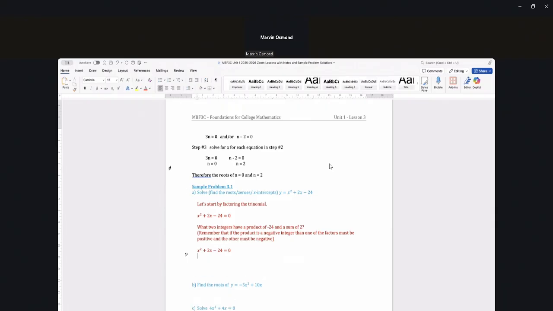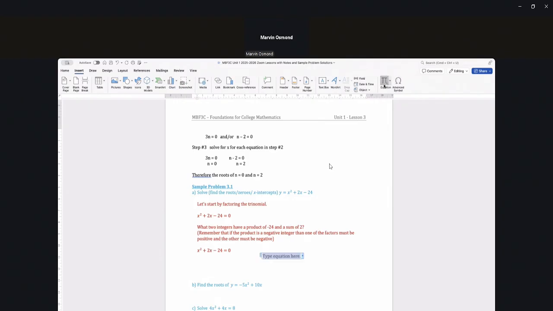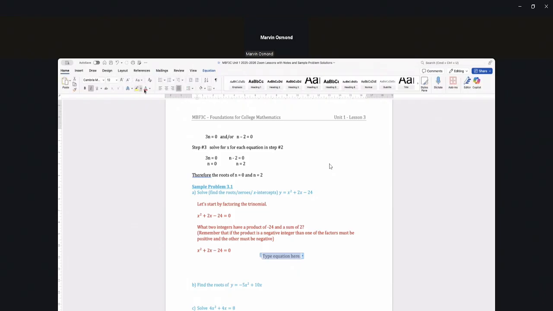Okay, let's try this again. Equation. We're going to put that on the left, and we're going to make it red. So bracket x, and we're going to go plus a number, and then we're going to go x minus.